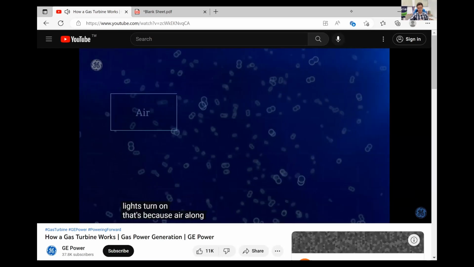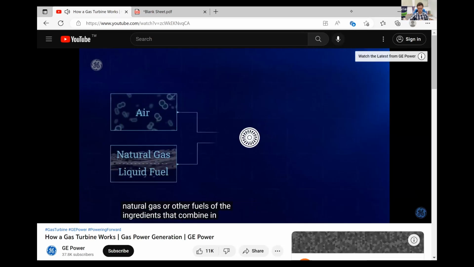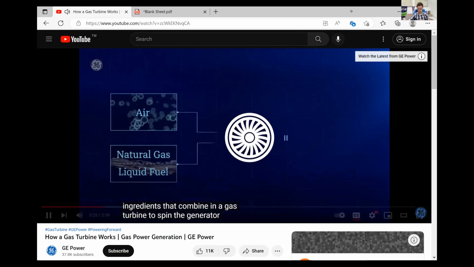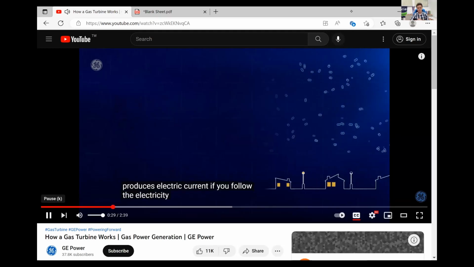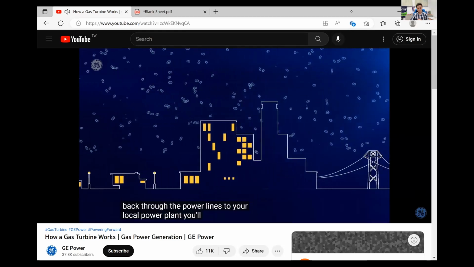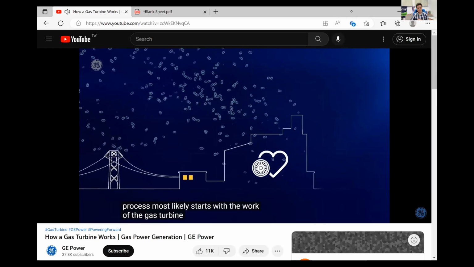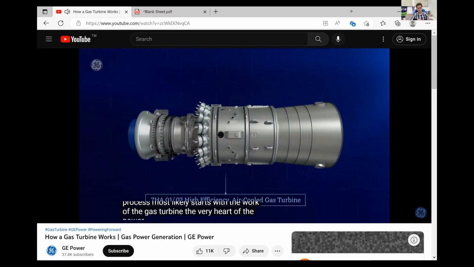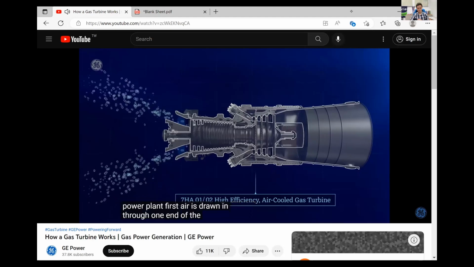That's because air, along with abundant natural gas or other fuels, are the ingredients that combine in a gas turbine to spin the generator that produces electric current. If you follow the electricity you use at home or at work back through the power lines to your local power plant, you'll see that the process most likely starts with the work of the gas turbine, the very heart of the power plant. First, air is drawn in through one end of the turbine.